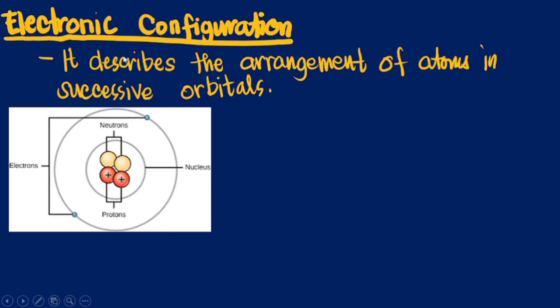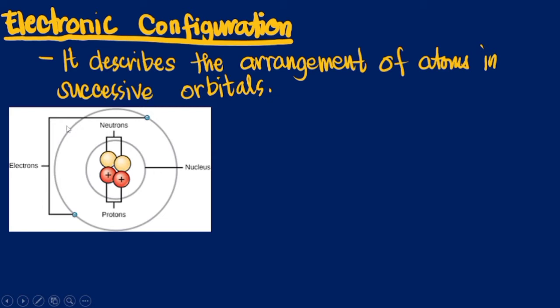Now, when we talk about electronic configuration, it describes the arrangement of electrons in successive orbitals. What does this mean? In the previous models that I have presented, we know that an atom is composed of a nucleus, which is in turn composed of positively charged particles called protons, and the neutrons.